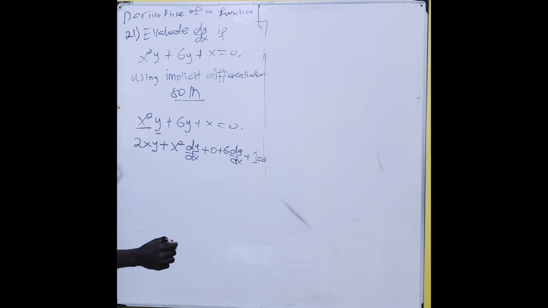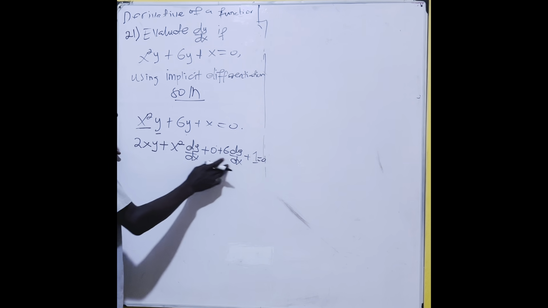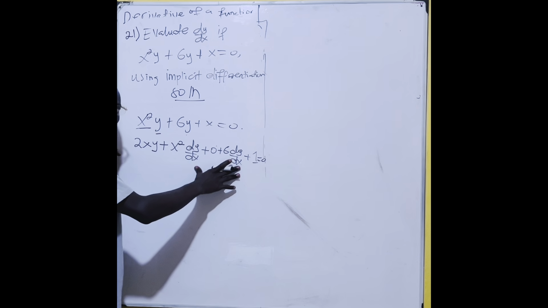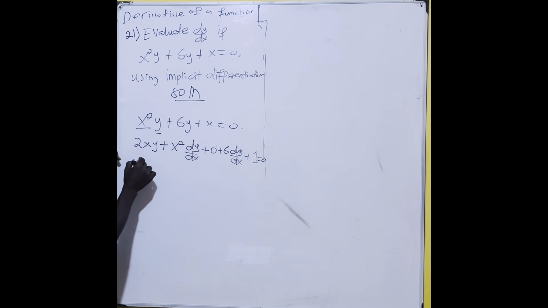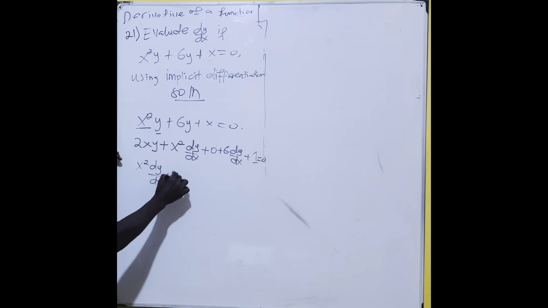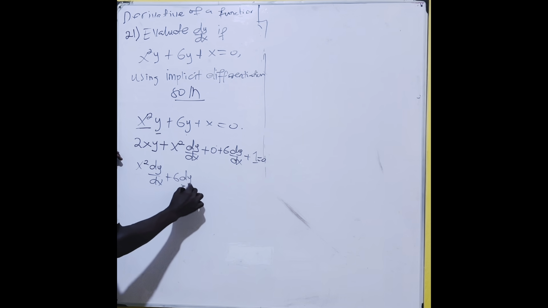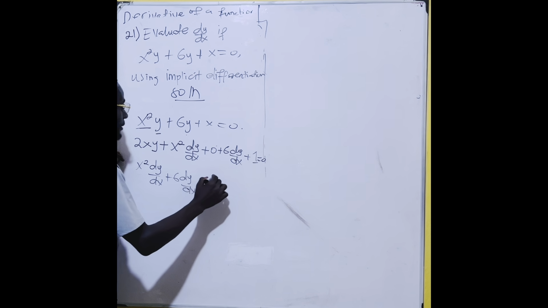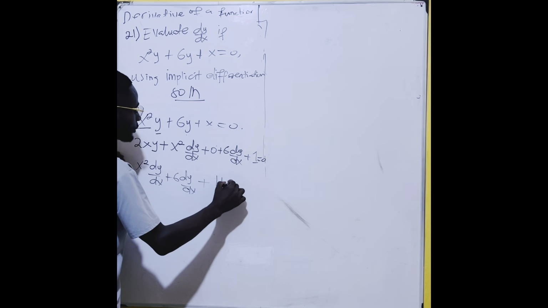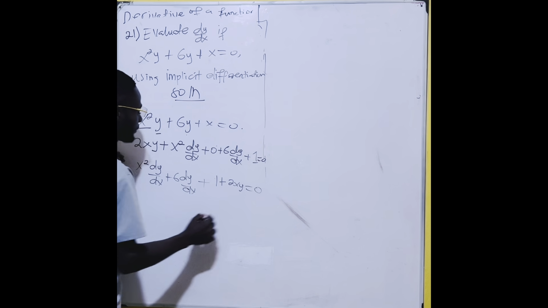So equals 0, right? Now we need dy dx. So let's group those with dy dx at one side. So x squared dy dx plus 6 dy dx plus 1 plus 2xy equals 0.